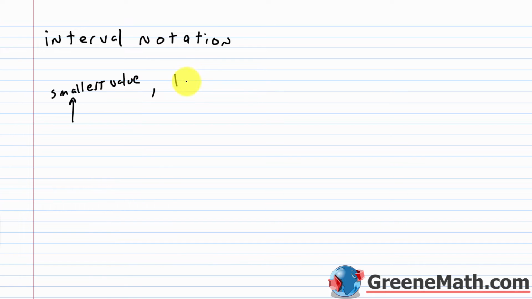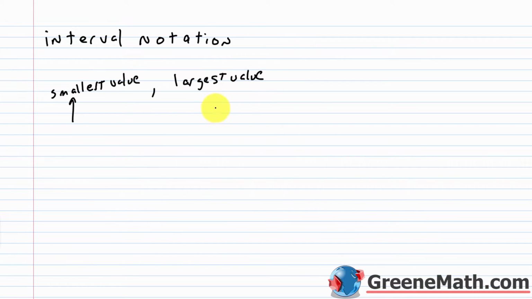Let me just write that down. We have interval notation. And this notation is going to specifically help us deal with a solution that's a range of values. Now, typically, the way you're going to write this, you're going to have your smallest value, then comma, your largest value.